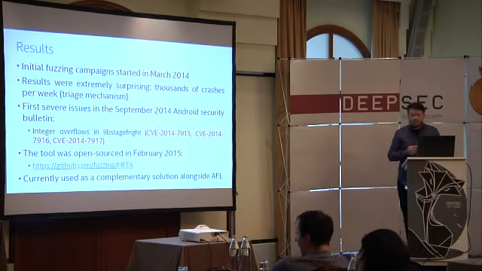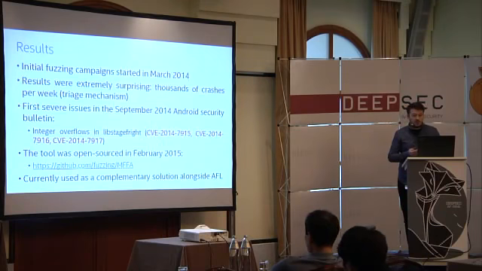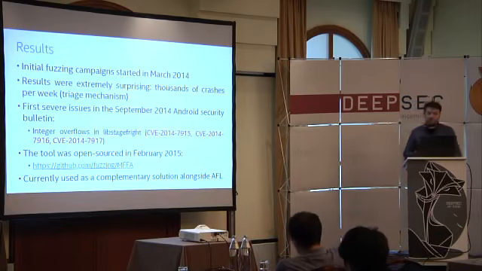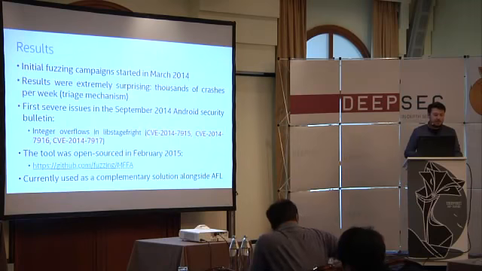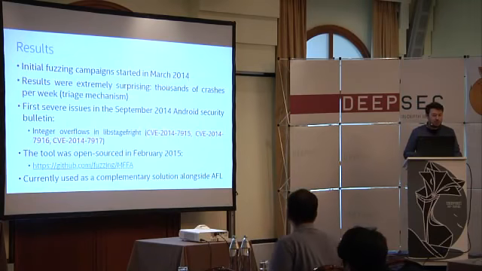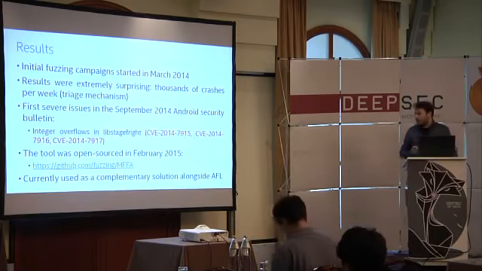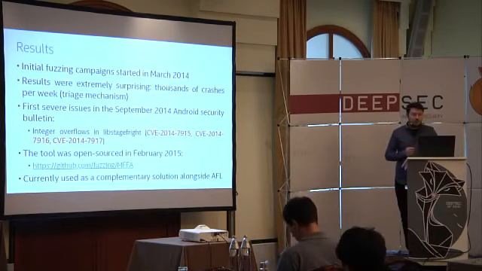The first severe issues were reported to Google and assigned CVE issues in September 2014. These were integer overflows in the libstagefright libraries. These are bugs that are very similar to what is commonly known now as the Stagefright bug. We also open sourced the tool that made possible the discovery of these issues in February 2015.